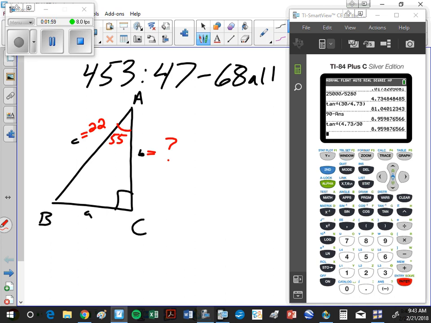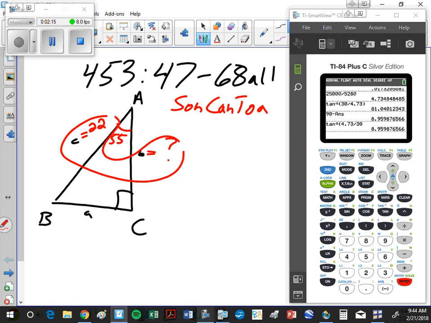Am I going to use sine, cosine, or tangent? So, SOH CAH TOA. I need to use those. Sine, or sorry, cosine. Yeah, what they said, cosine.